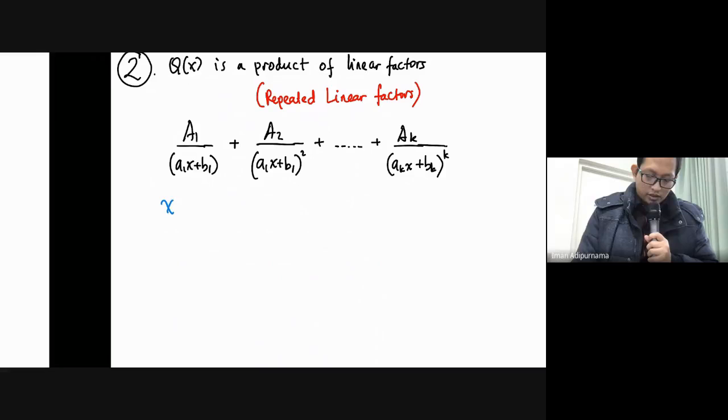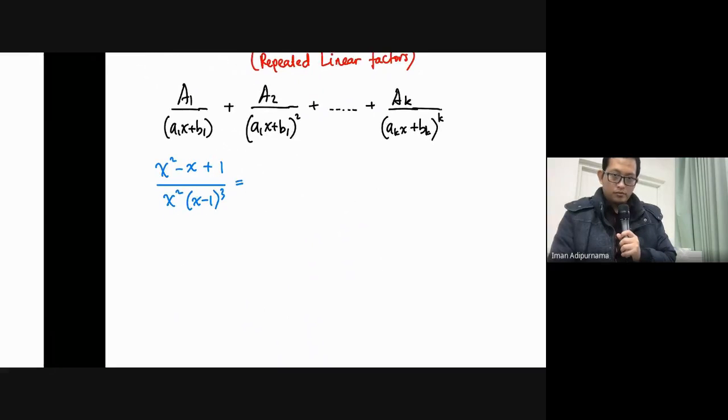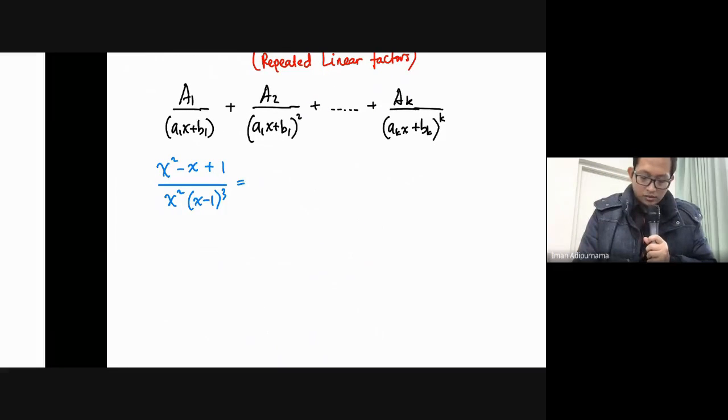So if you have maybe x squared minus x plus 1, maybe x squared, x minus 1 cubed. What you need to write is, for example, or let me give you the logic.